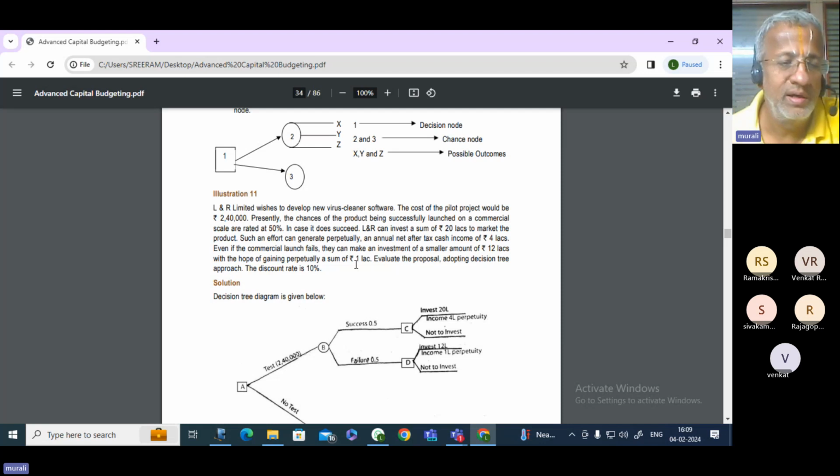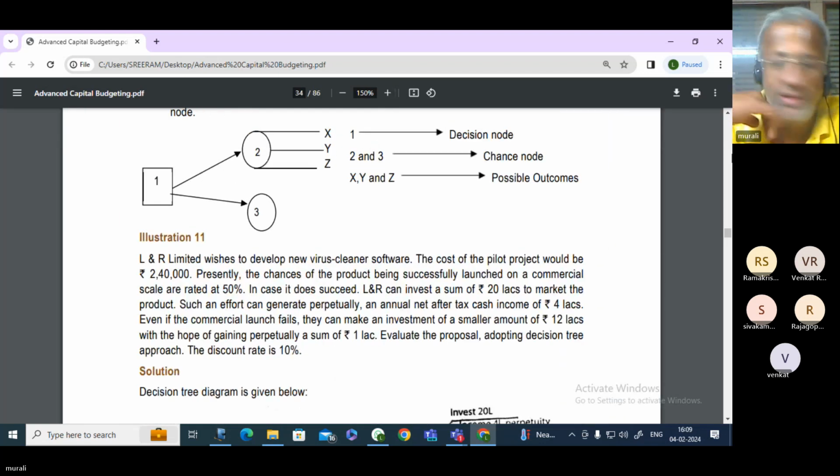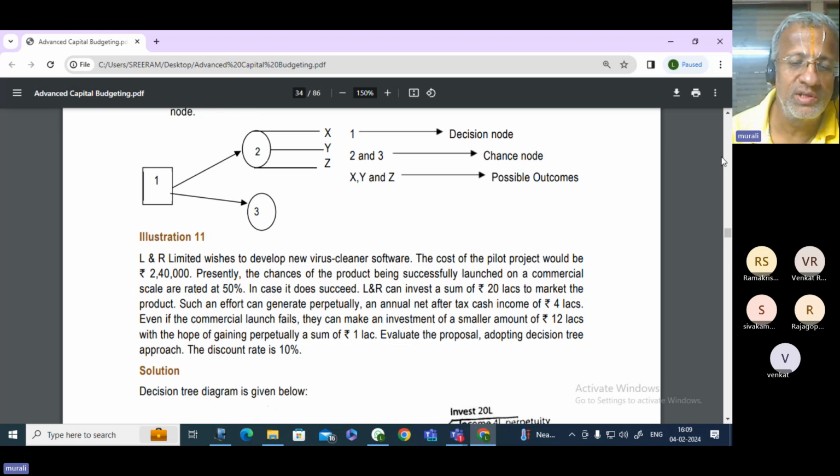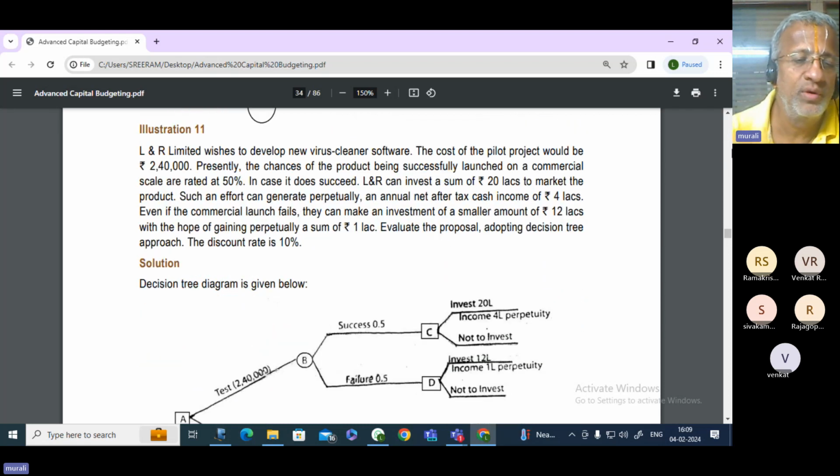L and R, I hope that all of you could watch this. L&R Limited wishes to develop a new virus cleaner software. The cost of the pilot project would be 240,000. Presently, the chances of the product being successfully launched on a commercial scale are rated at 50%. In case it does succeed, L&R can invest a sum of 20 lakhs to market the product.